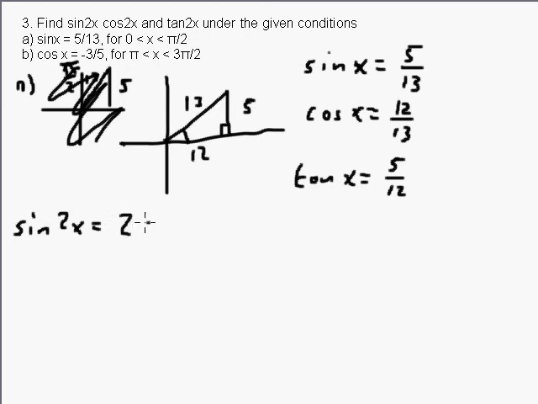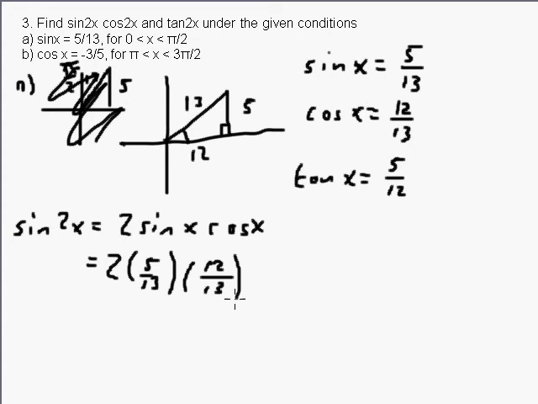Sine 2x is equal to 2 sine x cos x, which equals 2 times sine x, 5 over 13, times cos x, 12 over 13, which equals 120 over 169. Can't be reduced, so that is my answer. I am done.